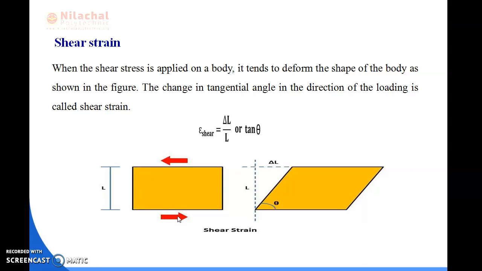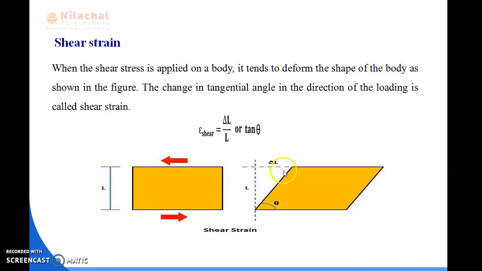In the stress section we studied shear stress, but here we will study shear strain. So what do we mean by shear strain? You can see the body is subjected to a force of this nature and another force of this nature.